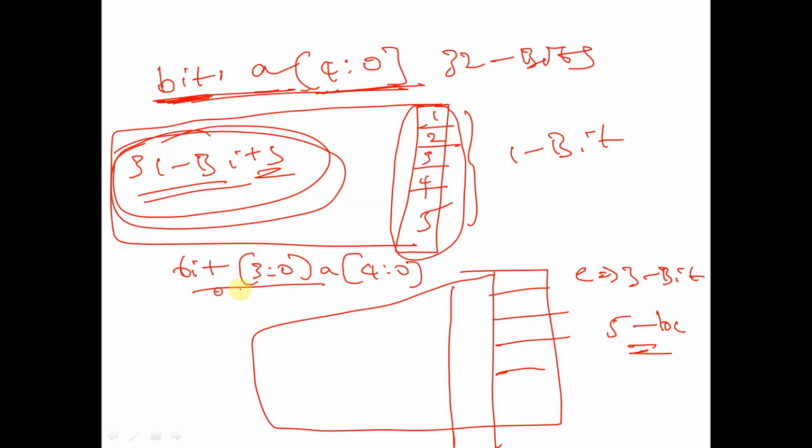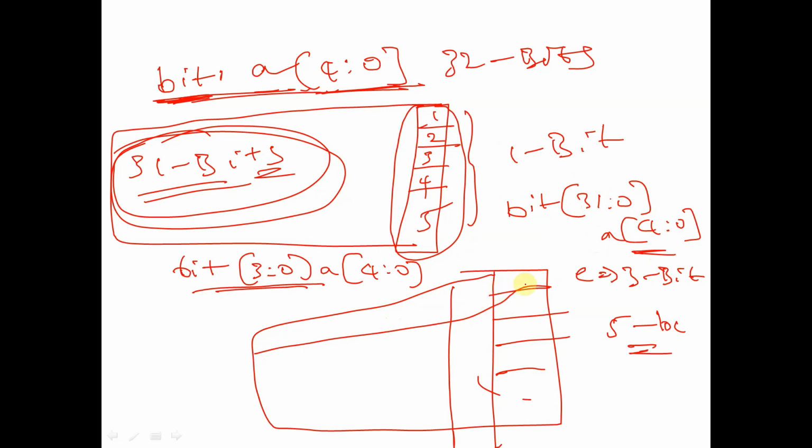And here in this case we are using bit 3 down to 0, a 4 down to 0. That is, we are creating 5 locations, and in each location we are storing only 4 bits of data, and the remaining bits are unused. So this is the meaning of unpacked arrays. For example, if we use bit 31 down to 0, a of 4 down to 0, then we are declaring 5 locations and storing 32 bits in each location.